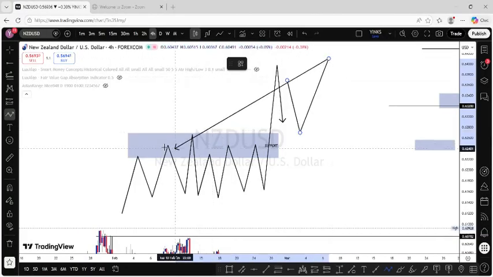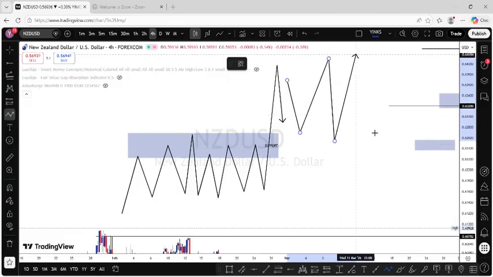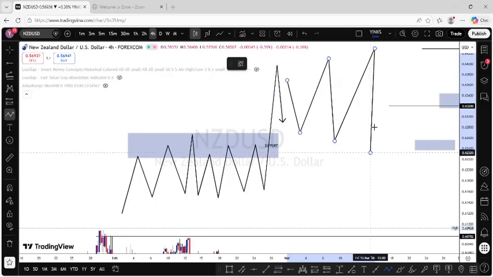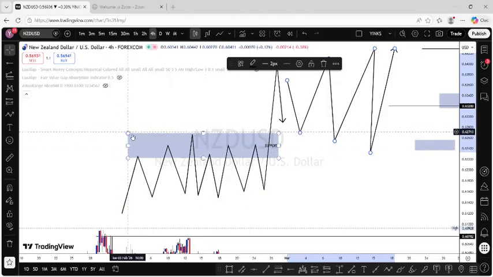Or price could use any of these levels. Price could use this one right here to push. Price could come back again, use this one, any of them to push. All you have to do is identify the whole levels where you have multiple support and multiple resistance at that key level area.